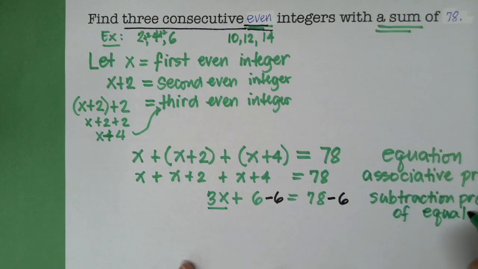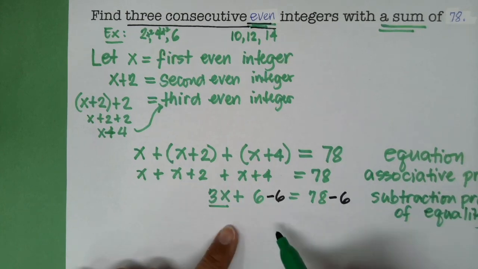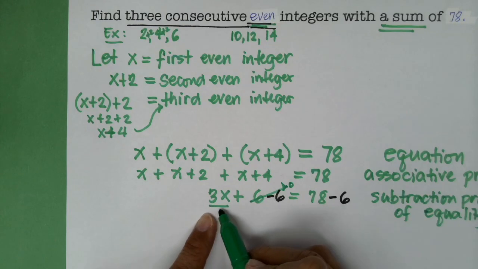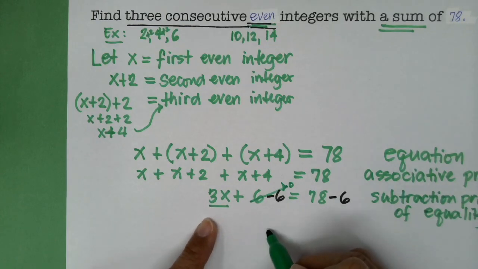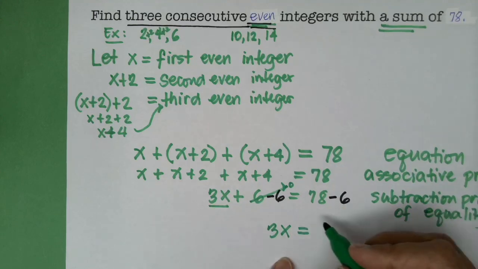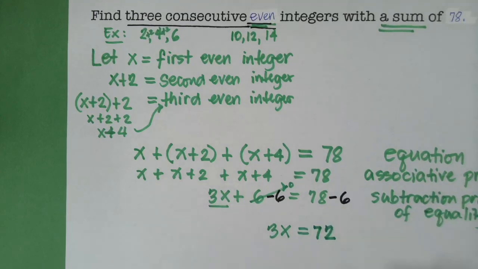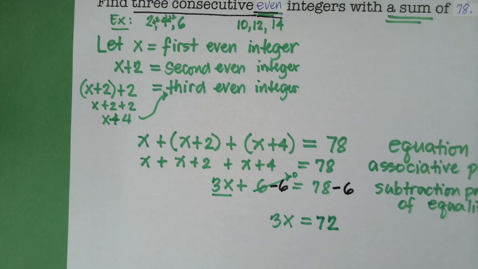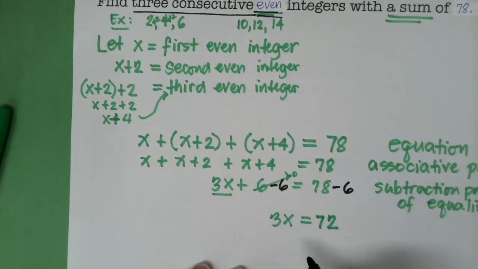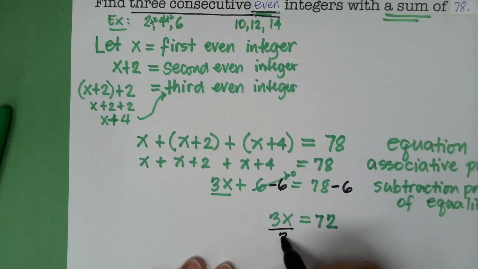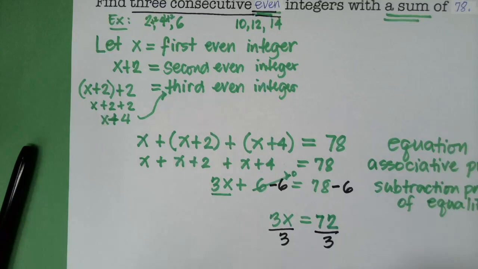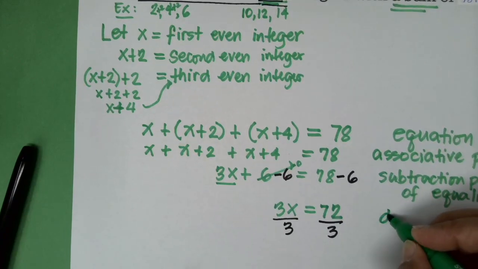Okay, and then simplifying 6 minus 6, that's going to be 0. And what's left on the left side will just be 3x. And simplifying 78 minus 6 is 72. Now we divide both sides of the equation by 3 because x is multiplied by 3. We divide by 3 here, we divide by 3 here, and that is by the division property of equality.